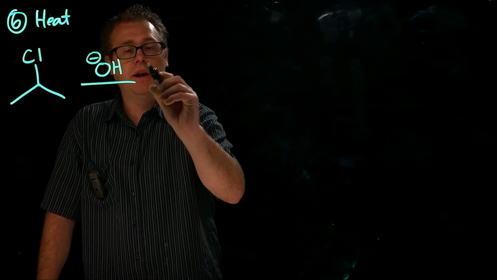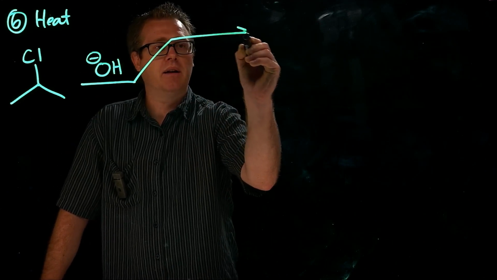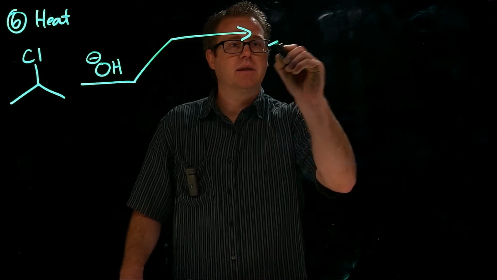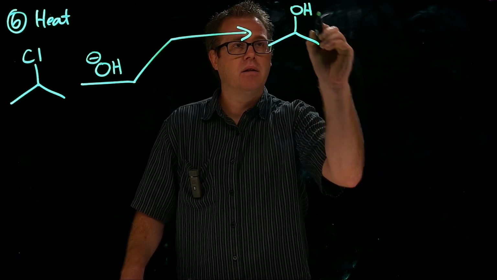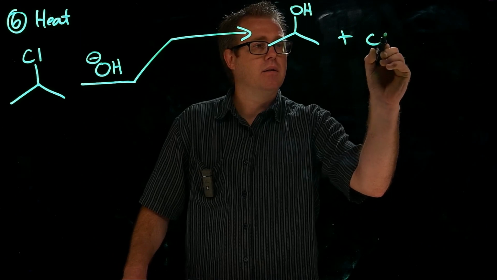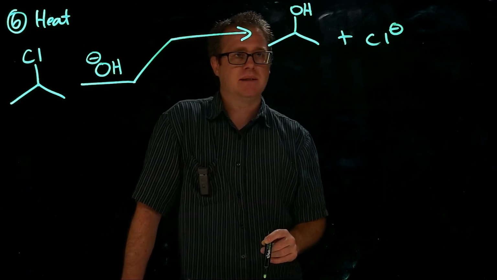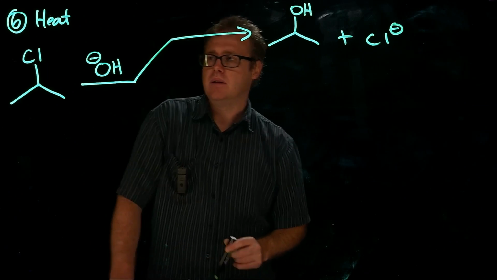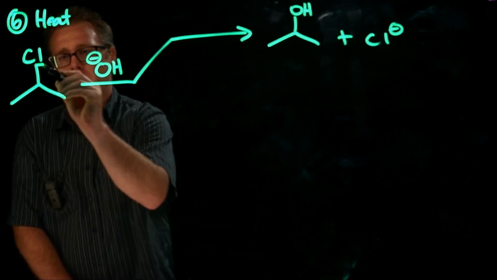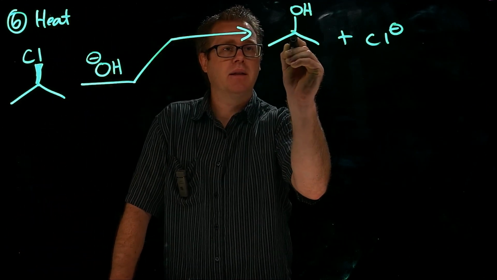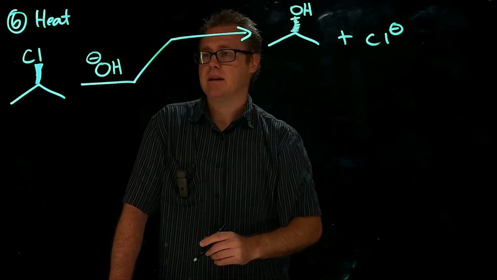Now we could go in two ways here. We could go in this path that's going to give us this product right here. And what type of mechanism is that? So let's be a little bit more particular. Let's put that as a wedge right there, and so that's going to make that a dash.